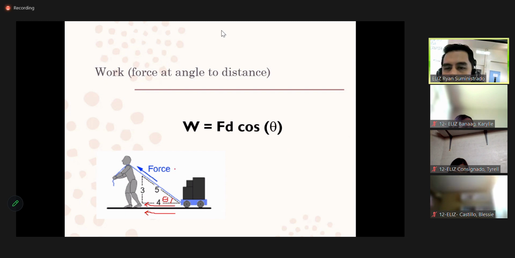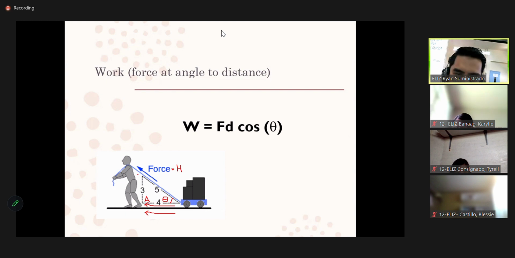Cosine, we have the force as our hypotenuse of the right triangle and the adjacent side of the right triangle. Cosine. Okay?